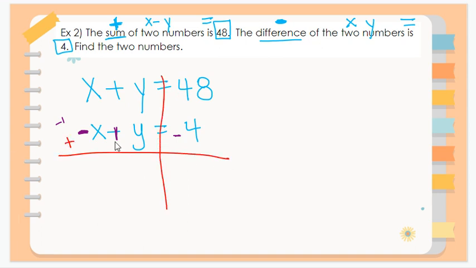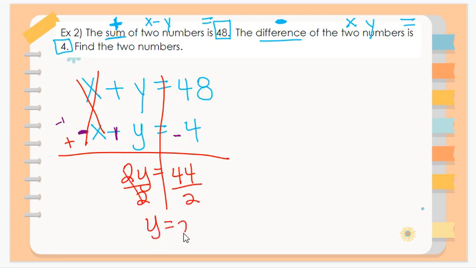So let's do that. So positive x and negative x cancel. Y plus y is 2y, and 48 plus -4 is a 44. Divide by 2. And y equals 22. So we know one of our numbers is 22. Plug it back in and find the other number.